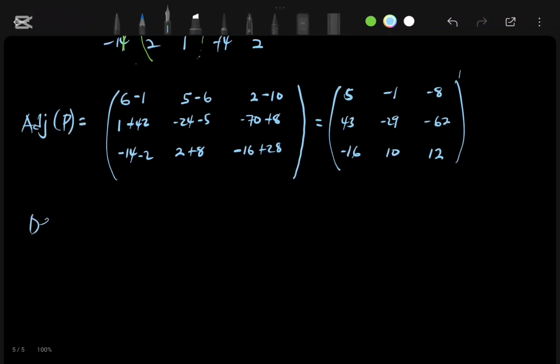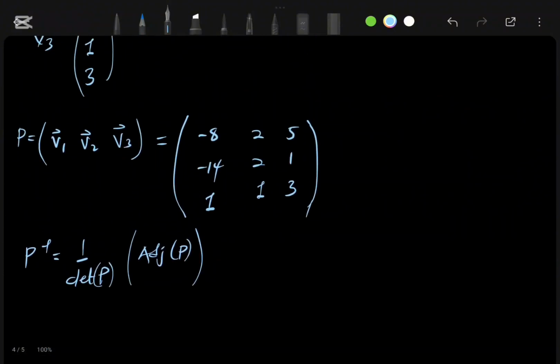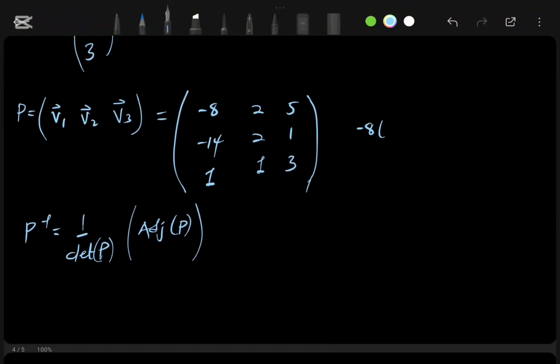Next, we find the determinant of P, which is, we have minus 8 into bracket 2 times 3 minus 1. We have minus 2 into bracket 14 times 3, which is minus 42, minus 1 times 1, which is minus 1. We have plus 5 into bracket minus 14 minus 2.